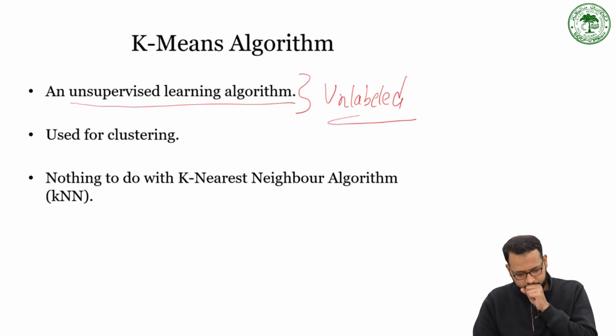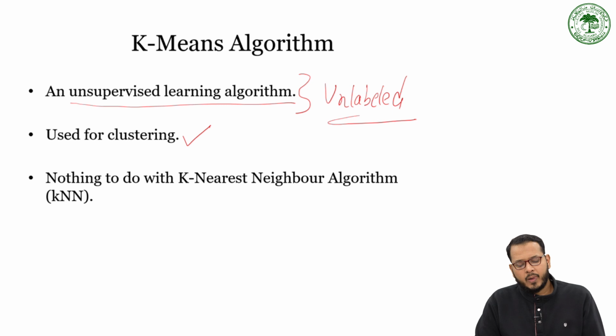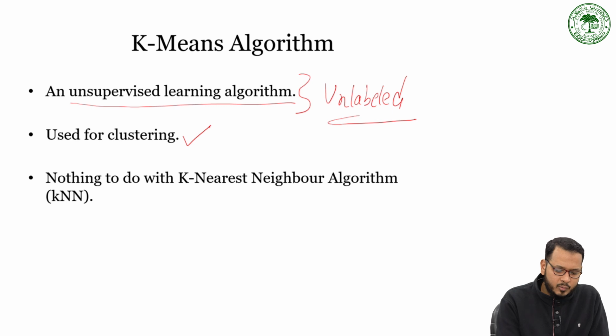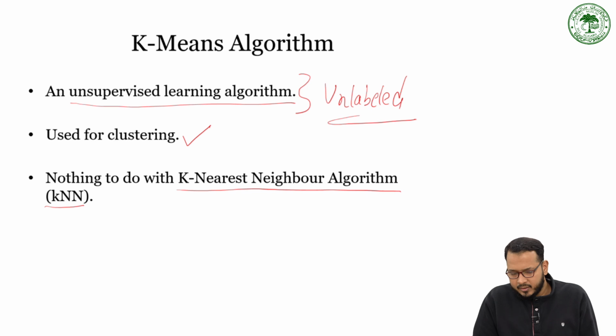First of all, it is used for clustering. And just for information, because the names seem similar, k-means has nothing to do with the k nearest neighbor algorithm, or KNN algorithm, that we have discussed earlier. The KNN algorithm falls into the category of supervised learning, but the k-means algorithm comes in the domain of unsupervised learning.